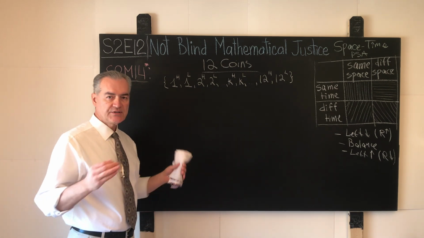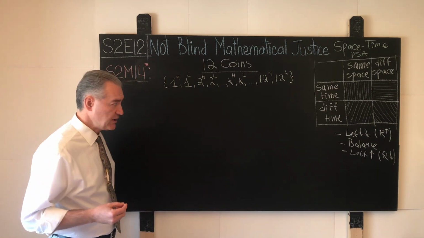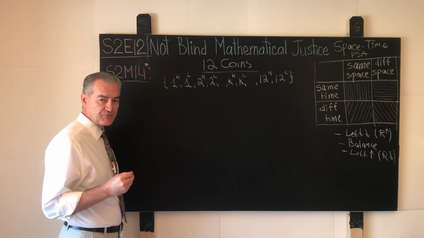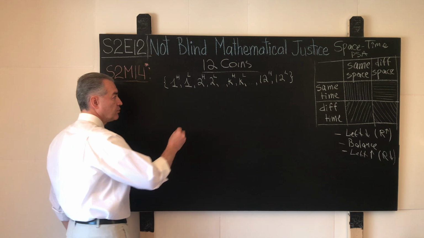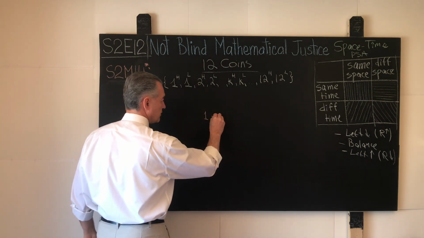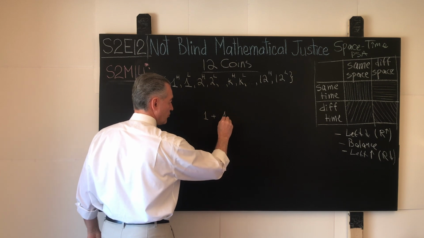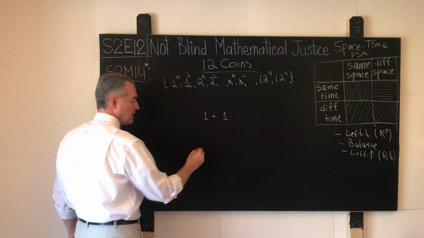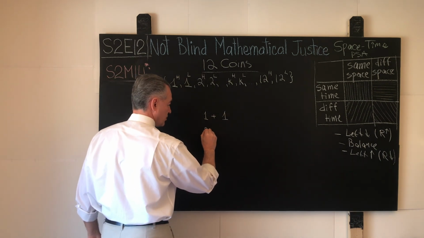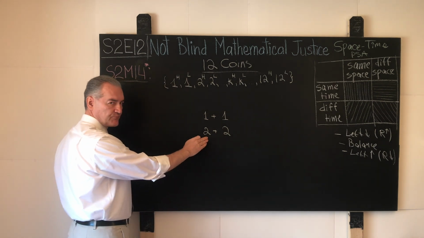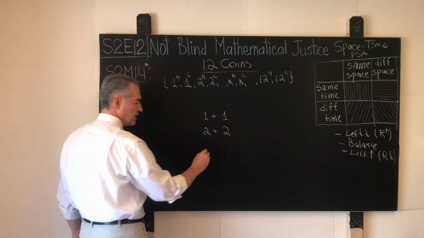So with all its combinatorial might, so to speak, what choices do we have for our partitions for the first weighing? Well, we can put, for example, one coin on one pen and one coin on the other pen. We'll refer to this partition as 1 plus 1. Then we can do the same in the 2 plus 2 manner, when we put 2 coins on one pen and 2 coins on the other.